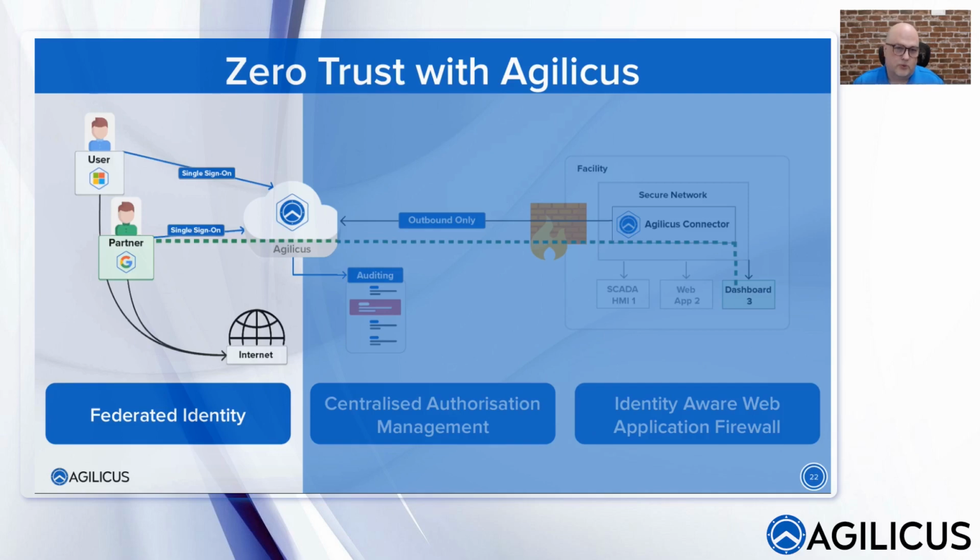So the model that I propose, and obviously without any doubt, our implementation is by far the best in the world, but coming back to that who, what, and how, the who. If you can federate the login so that people can sign in with their existing single sign-on, which is what we do. So I log in with my corporate credentials, just like I do the rest of my corporate applications.